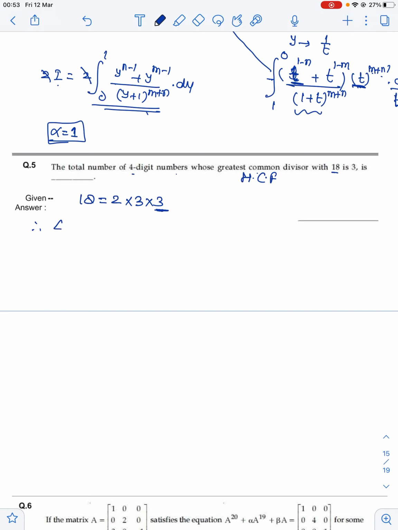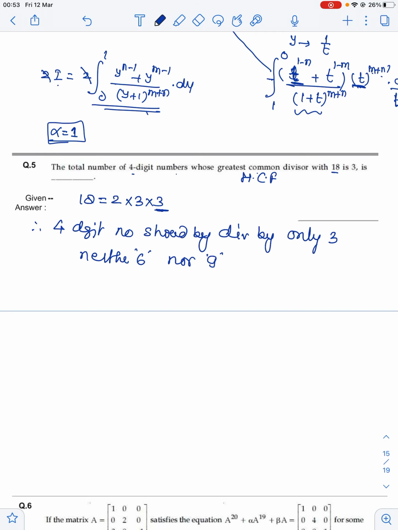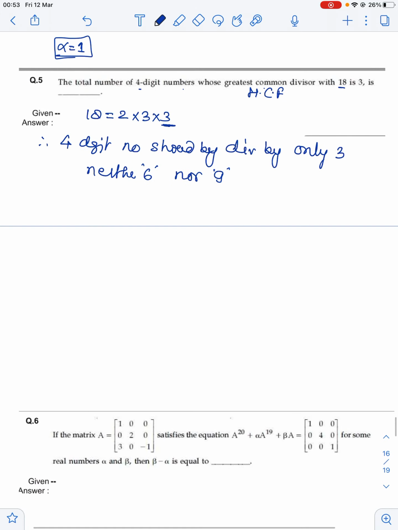So that means the 4-digit number should be divisible by only 3, neither 6 nor 9.